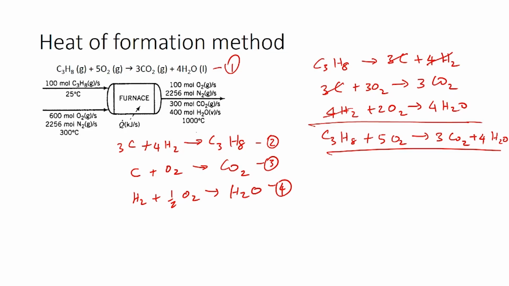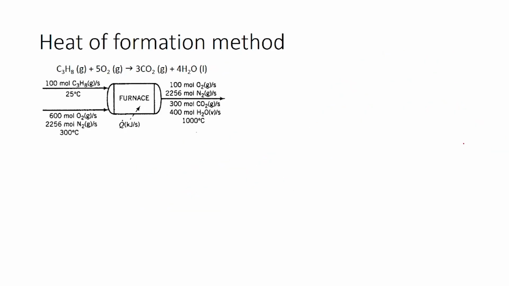Now, let us see what our enthalpy table looked like when we prepared it for the heat of formation method. We had components C3H8, oxygen, nitrogen, carbon dioxide and water. So, all the 5 components were identified.